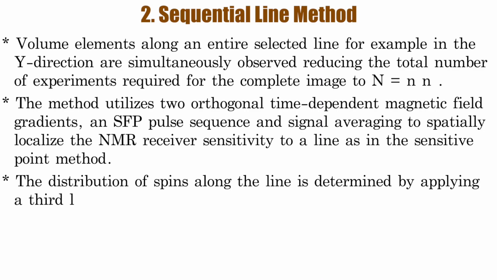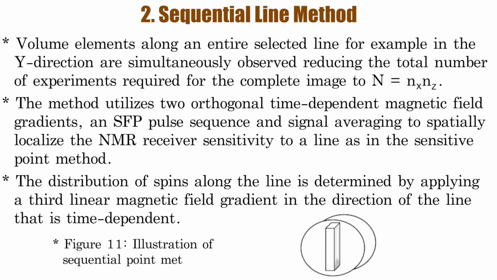In the sequential line method, volume elements along an entire selected line, for example in the y direction, are simultaneously observed, reducing the total number of experiments required for the complete image to n equals nx nz. Figure 11 illustrates the sequential line method.